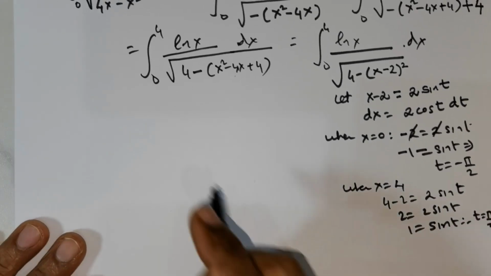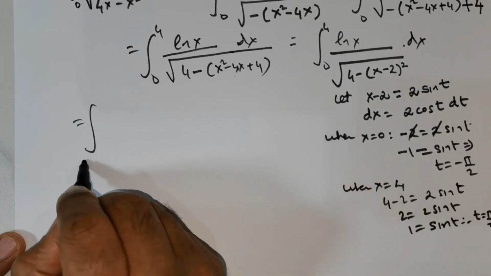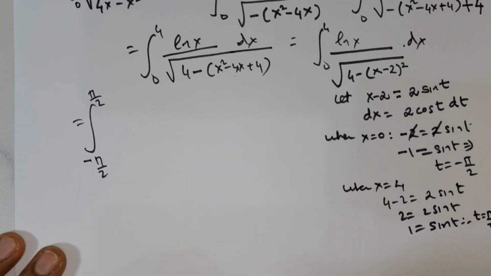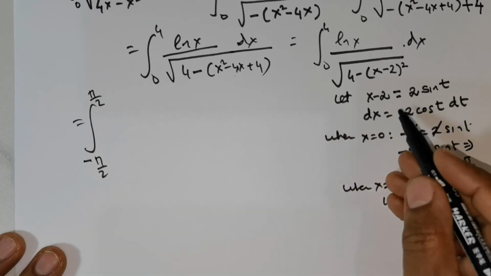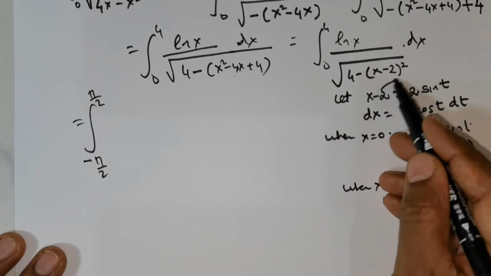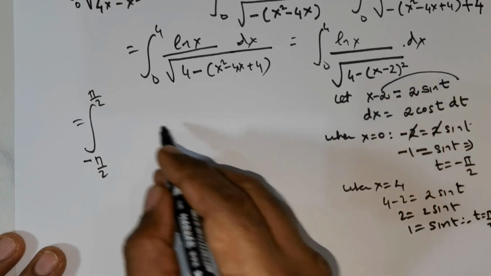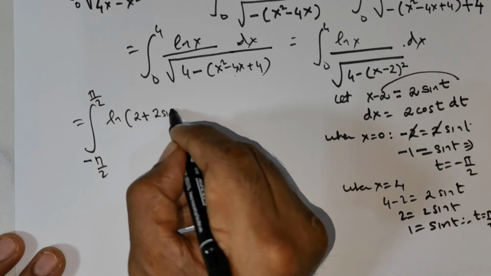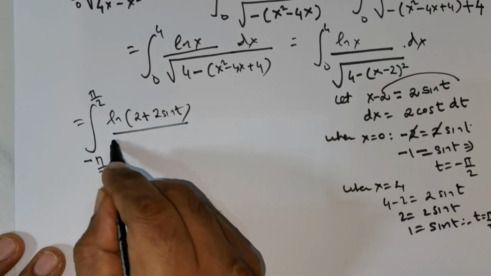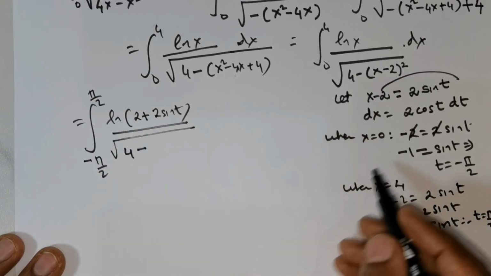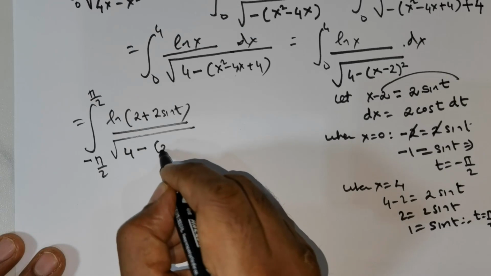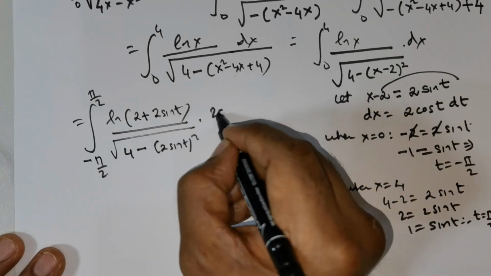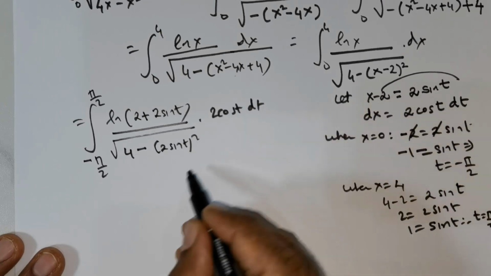So this is equal to the integral from negative pi over 2 to positive pi over 2 of ln x. If you take negative 2 to the other side, it becomes positive 2. So x is going to be ln of 2 plus 2 times sine t, divided by the square root of 4 minus (x minus 2), which is 2 times sine t, raised to the power of 2, times dx, which is 2 times cos t dt.